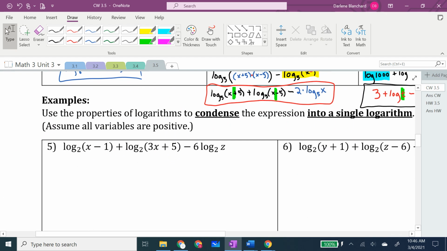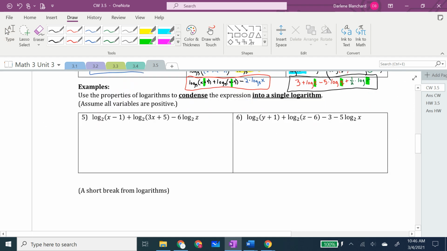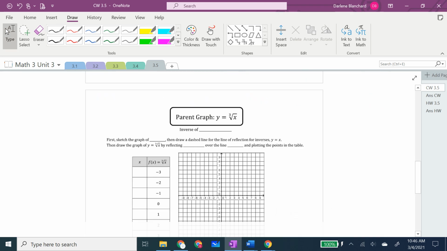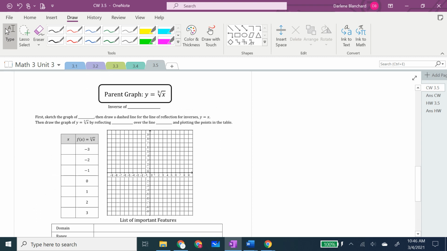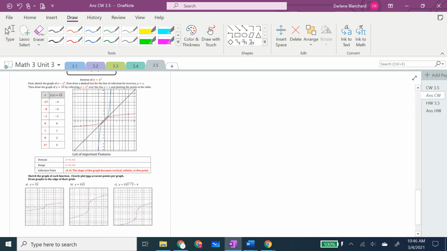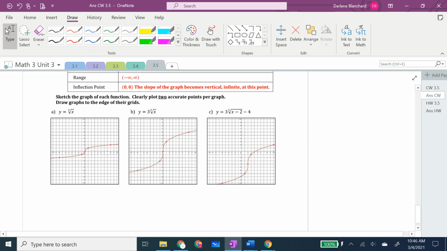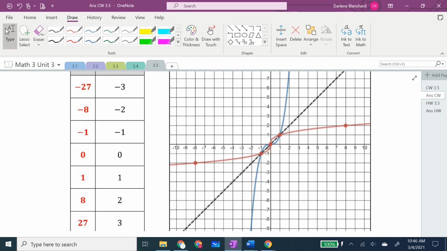Now, I'm out of time if I'm going to give you a quiz, and I intended to go through condensing, so I'm going to make another video for condensing. And on that video, I'm going to talk about the graph of cube root x. You need to make sure you watch the video, or you can also look at the answers to the classwork. If the answers make sense and you understand that this is what the cube root of x looks like, based on understanding that it is the inverse of the blue you see here, the x cubed that we learned about.